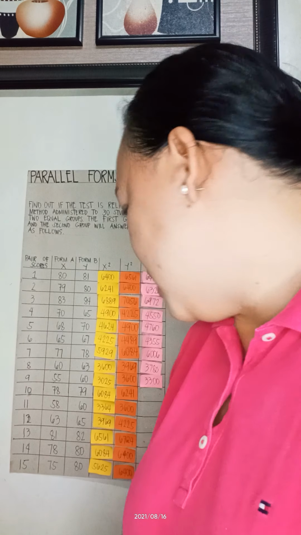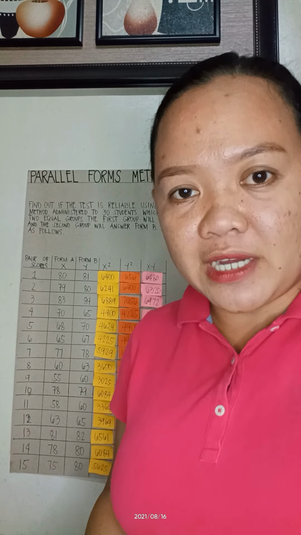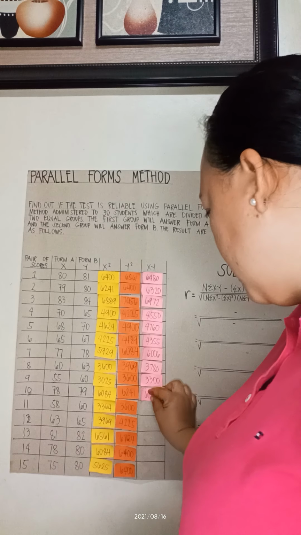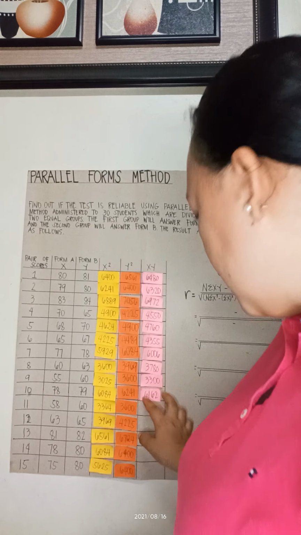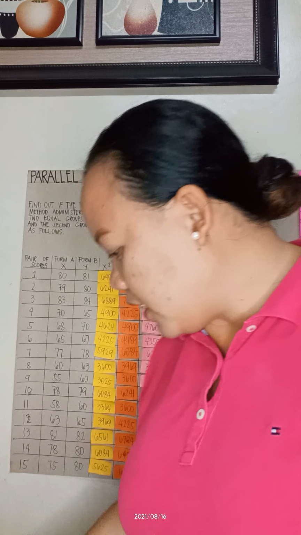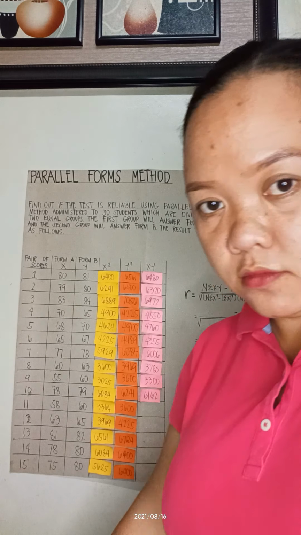Next, 78 times 79 is equal to 6,162. Next, 58 times 60 is equal to 3,480.